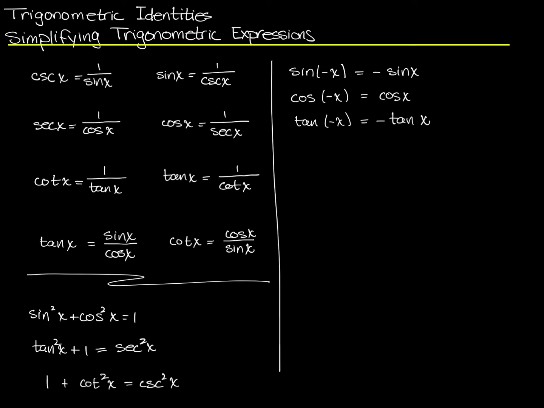No change of sign. Graphically speaking, very quickly, if you look at sine and cosine, you'll see that cosine has a nice reflection around the y-axis. If you spin it this way, so that it's back on a two-dimensional plane, then you wouldn't be able to tell the difference between the original graph and the spun graph.